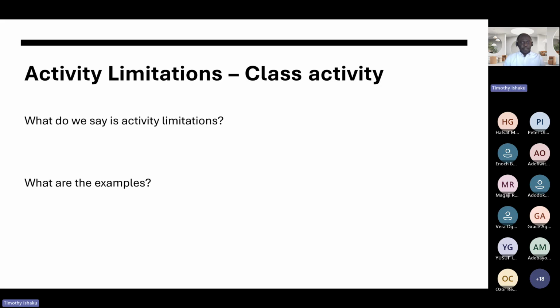Activity limitations: what is limiting them in their daily activities? Yep, so joint stiffness, the inability to squat. Yes, exactly, that's an activity limitation. You guys are experts already. Brilliant. For post-immobilization stiffness, yep.